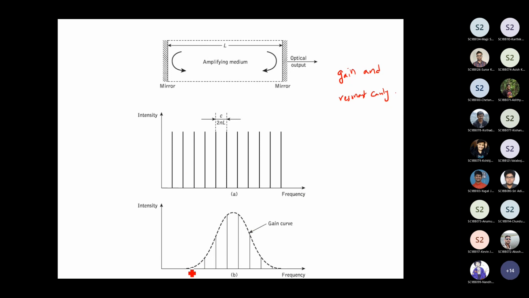For the gain medium, you have a Gaussian curve like this, and for the cavity, you have these discrete wavelengths. If I convolve both of them, the output would be only from these frequencies.